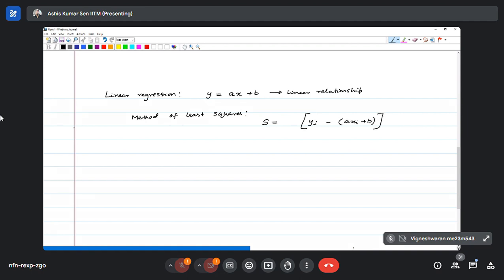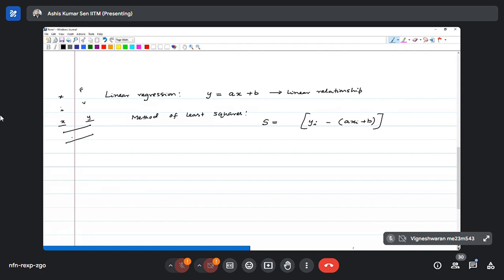So if you have at a particular x, you are getting a particular y, right? Let's say this is current and this is voltage, or this is displacement and this is force. So for every x, you have a corresponding y, right? So this is something that you measure from experiment.